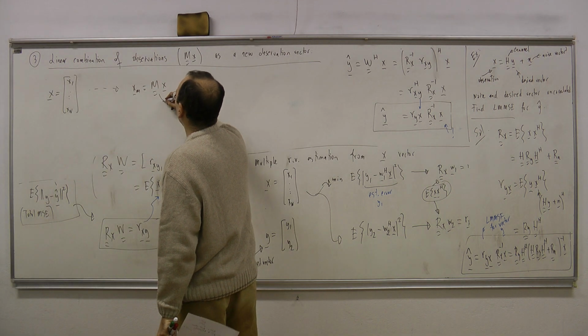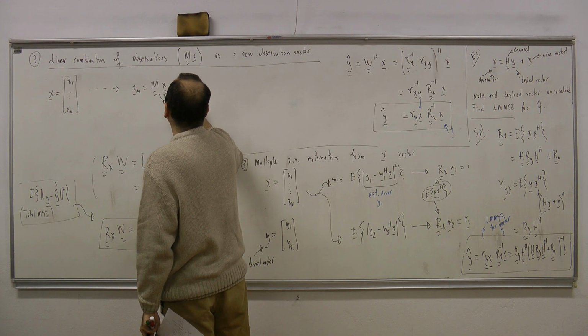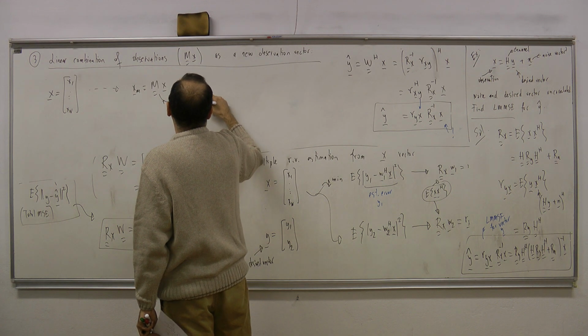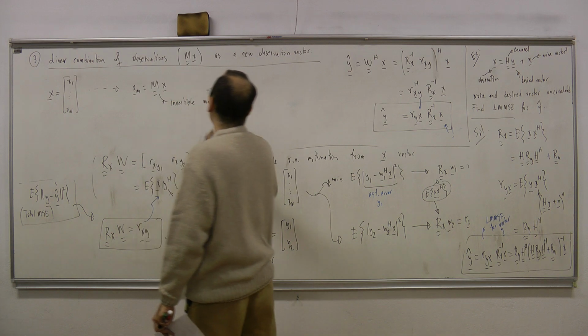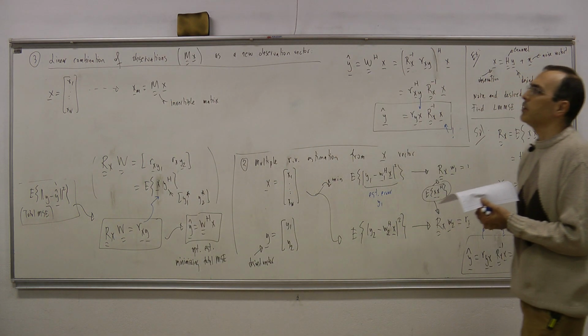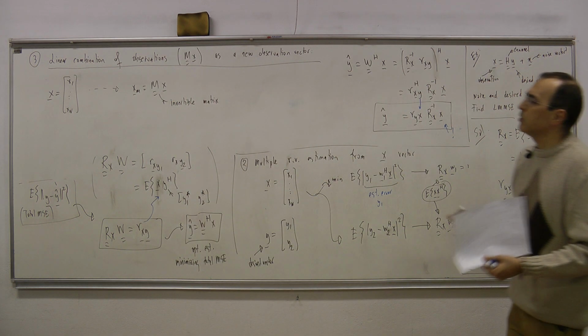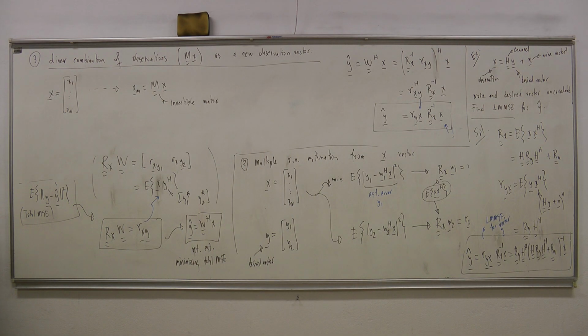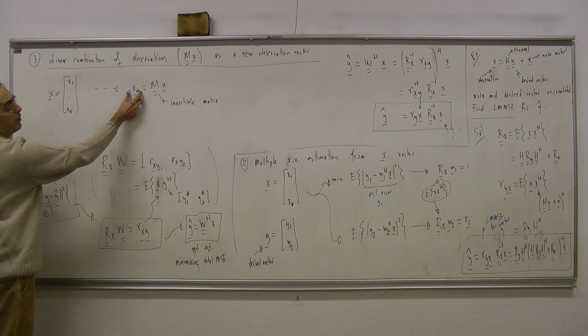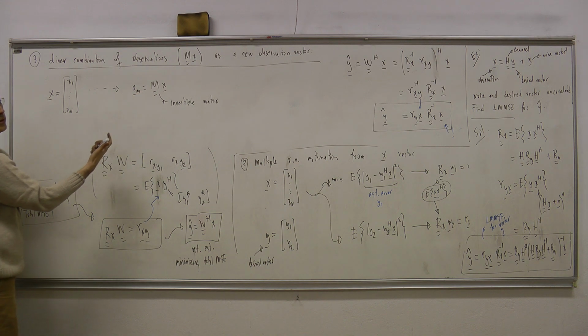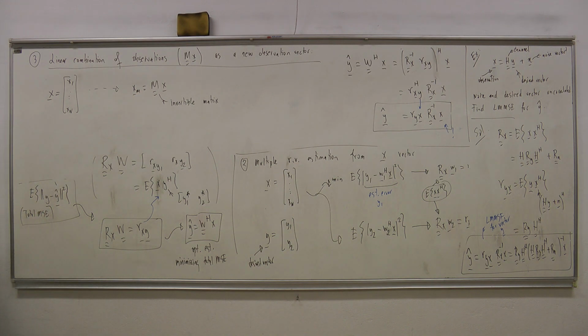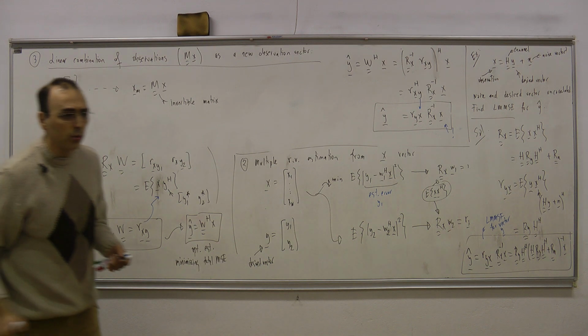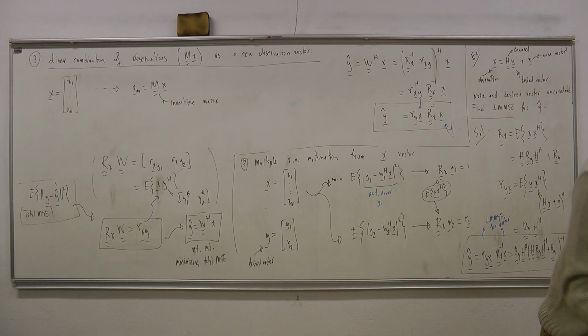So this is an invertible matrix for now. It may not be invertible, but let's say that it's invertible for now. So this is like a lossless transformation. Now the question is, if I process my result with this new xM, do I get a different estimator or not? That will be our topic. So we will continue from this topic after this break.